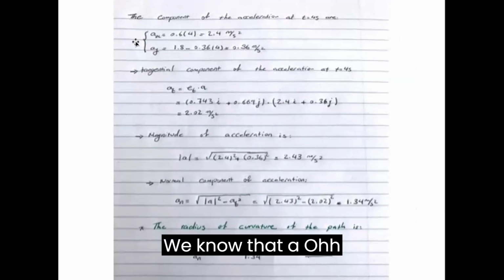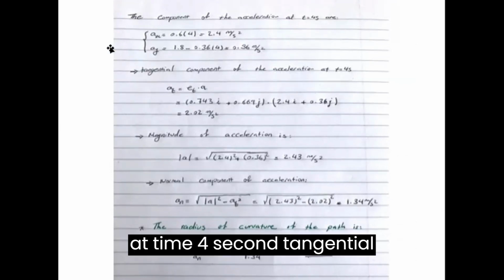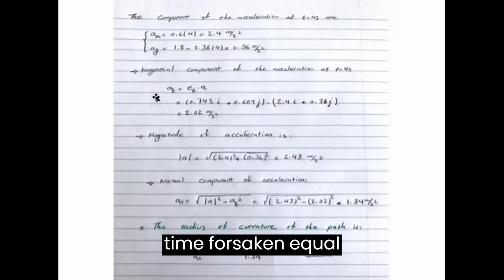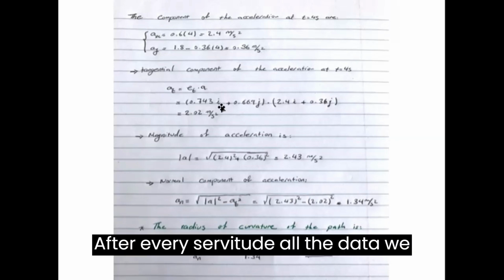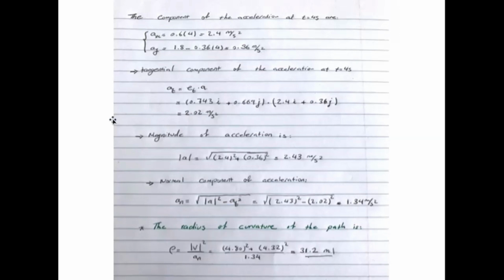We know a_x and a_y at time 4 seconds. The tangential component of the acceleration equals a_t equals e_t dot a. After we substitute all the data, we find a_t equals 2.02 meters per second squared.